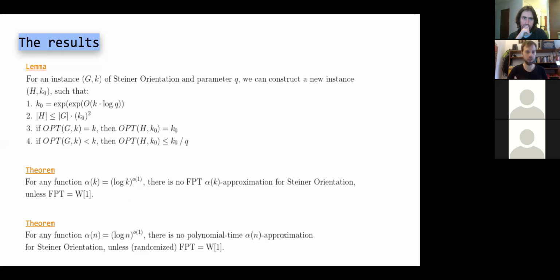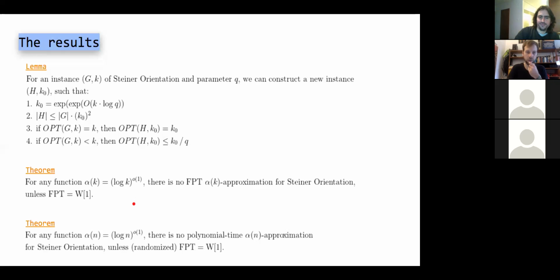And you can also get a totally new lower bound for polynomial time algorithms with the hardness assumption from parameterized complexity, which is a bit uncommon.